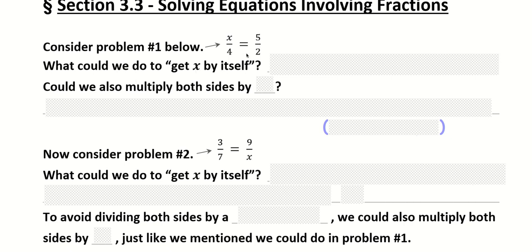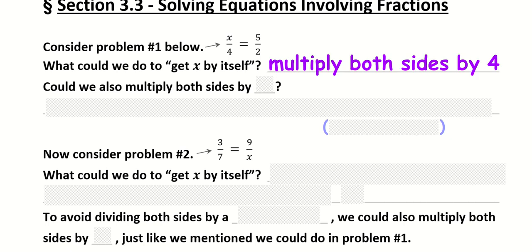Well, going with the basics of getting x all by itself, wouldn't you just have to multiply both sides by 4? If this says x divided by 4, then wouldn't we just need to multiply 4 over to the other side and be done with it? Yeah, that's actually true. But again, we're building to something a little bit more general or universal as a trick. So let's keep going with this.